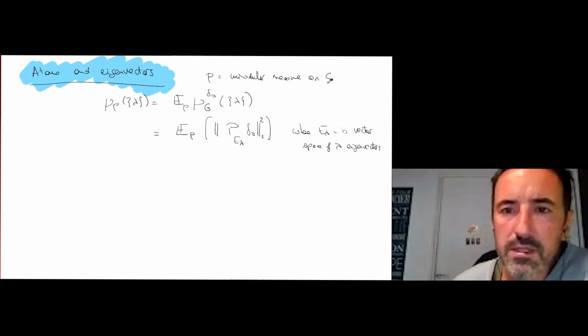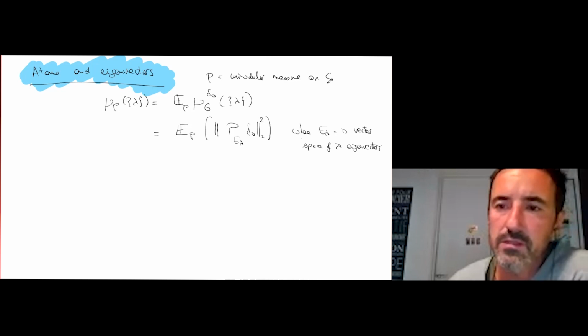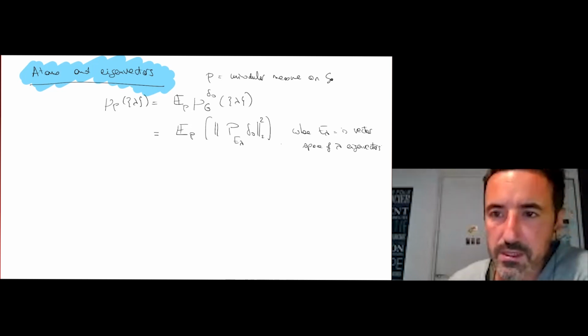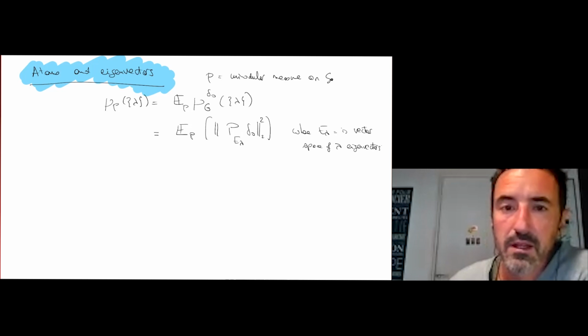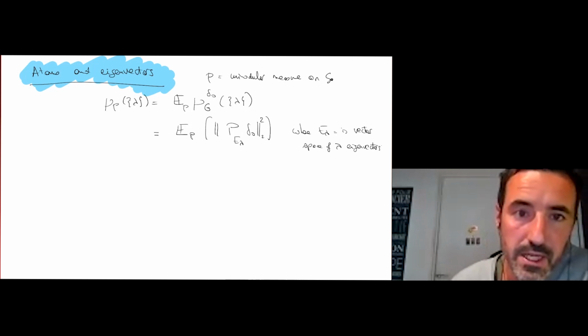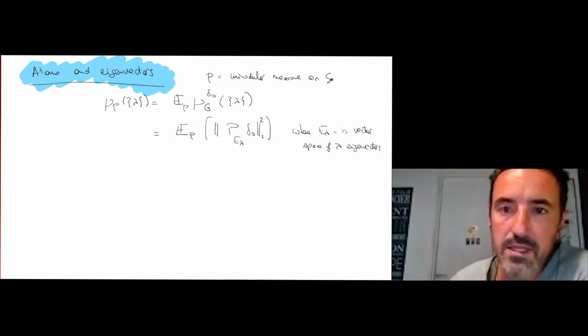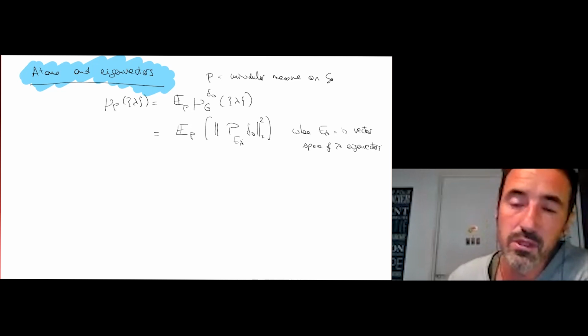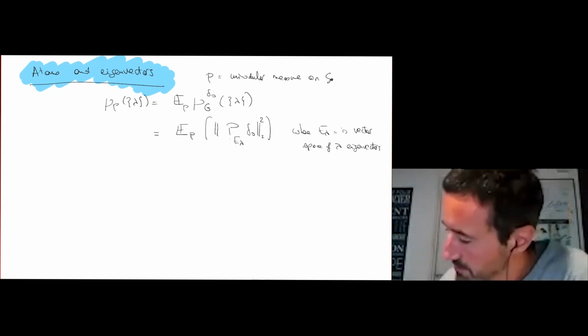So you look at the orthogonal projection onto this vector space of eigenvectors, and the interpretation of the atom is the orthogonal projection of the root onto this vector space.